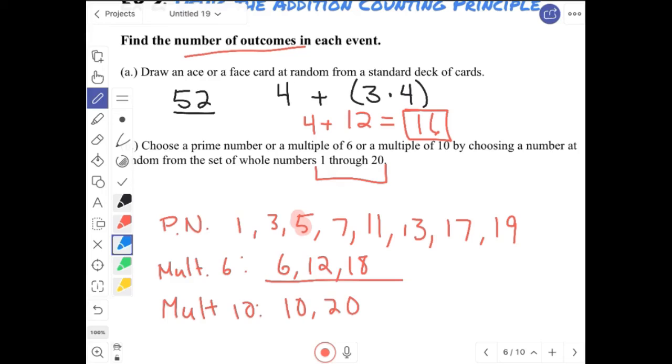So just 1, 2, 3, 4, 5, 6, 7, 8, 9, 10, 11, 12, 13. So we have 13 outcomes that are possible with those kinds of events that they gave us, the prime numbers, multiples of 6 or multiples of 10, within 1 through 20. So that's how you would go about doing that. Okay, and I believe that's actually it for this first video here.